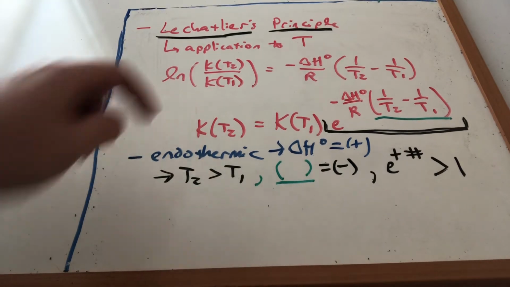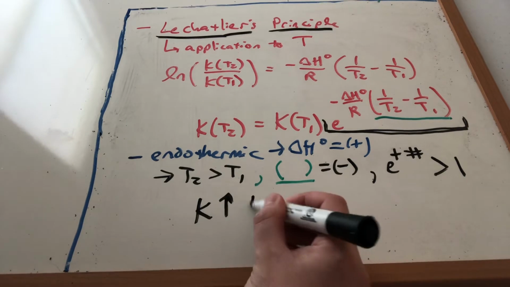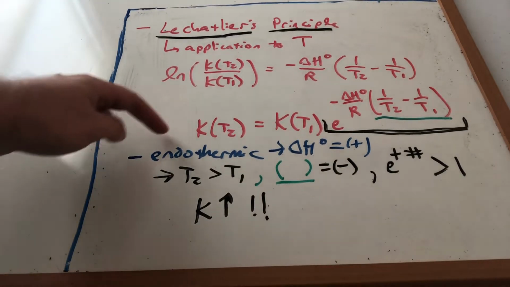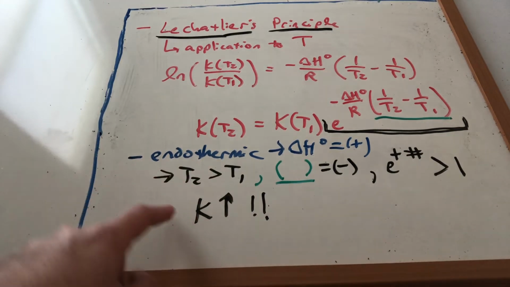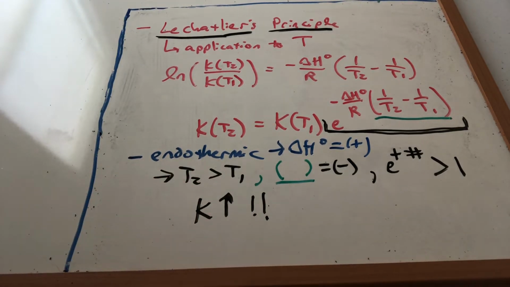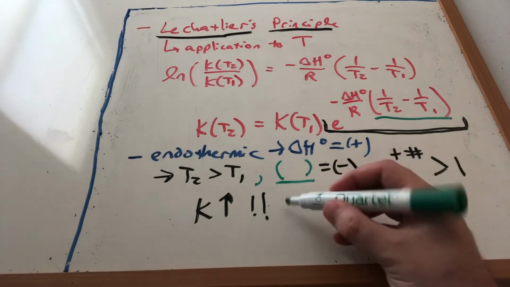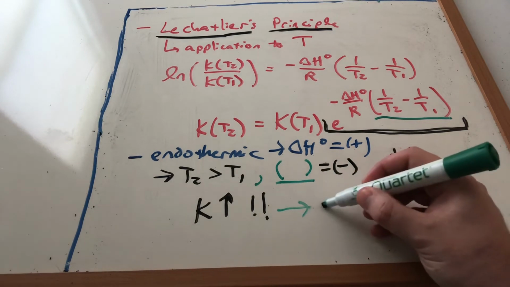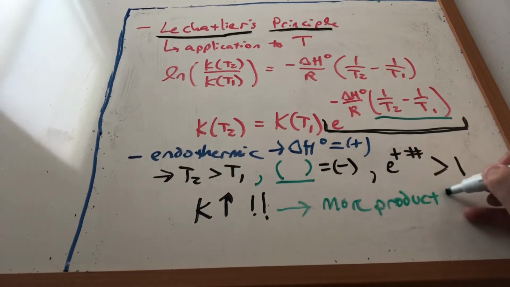Our new K has gone up. For an endothermic process, as you raise the temperature, K goes up. Now, what that means to us physically, what we would see in the context of our reaction, is you get more products as you raise the temperature.